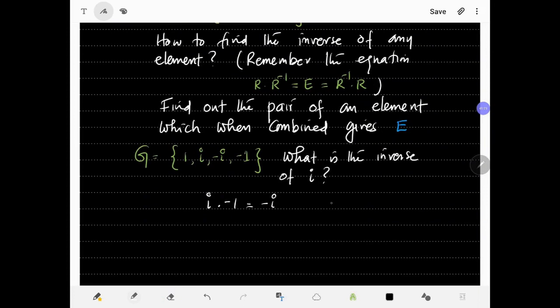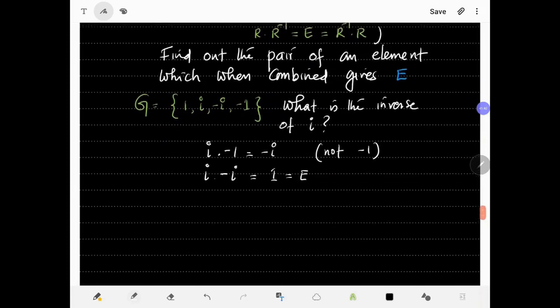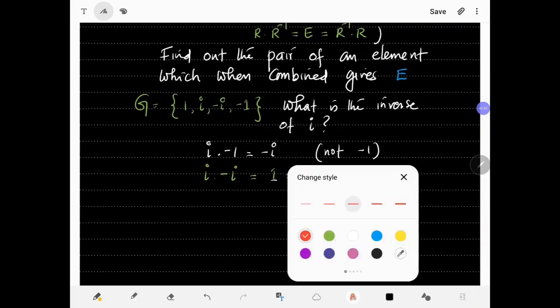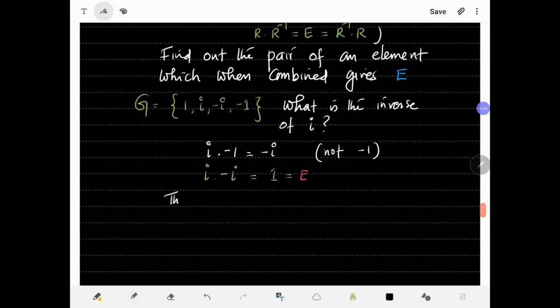If you combine I with minus 1 under multiplication, it gives minus I. The result is not identity. Minus 1 is not the inverse of I. Whereas if you multiply I with minus I, you are ultimately getting 1, and we know that 1 is the identity element in this group. So minus I is the inverse or partner of the element I and vice versa.